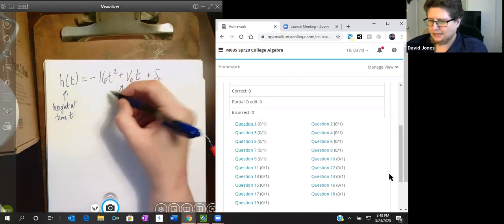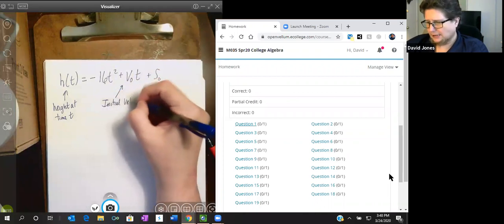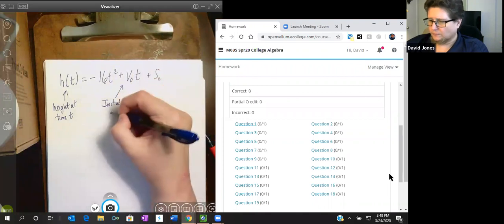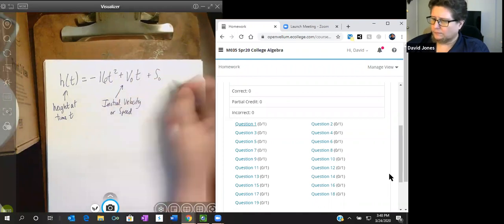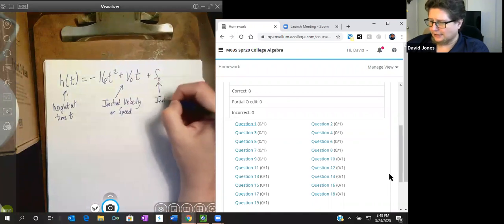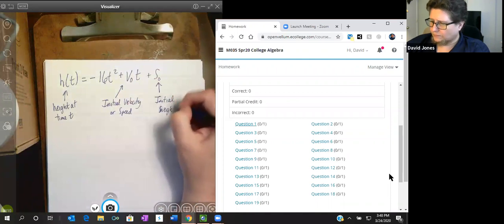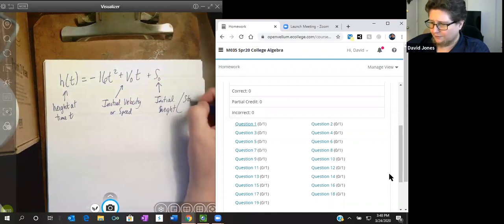V naught is your initial velocity or speed. S naught is your initial height, or starting height, which is a good reason for using the S.